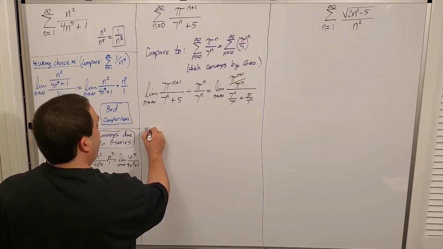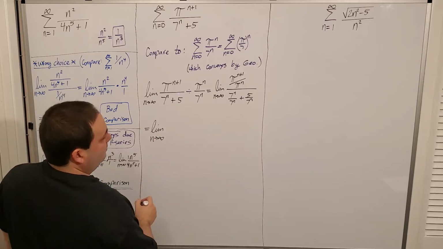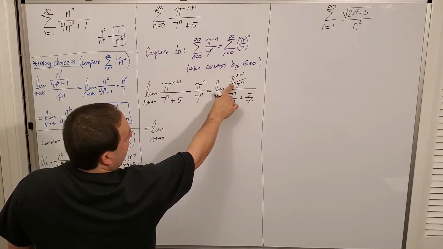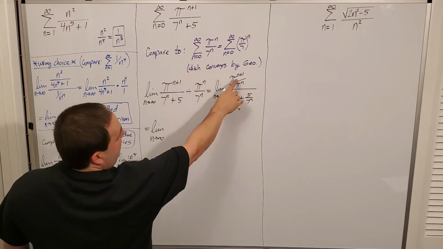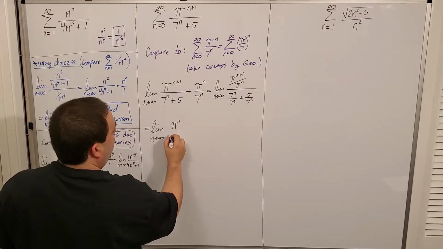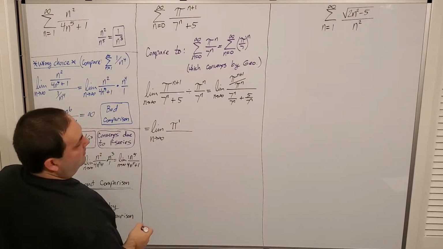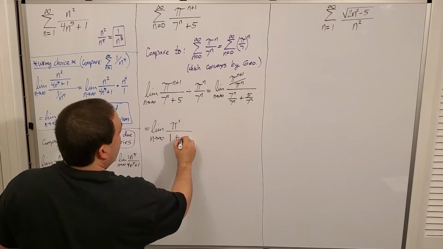Okay, so what is that equal to? That's equal to the limit as n goes to infinity. Here, this is just a power, same base, power reducing, right? N plus 1 minus n is just pi to the 1. Here, 7 to the n over 7 to the n is 1. And I can't simplify 5 over 7 to the n.